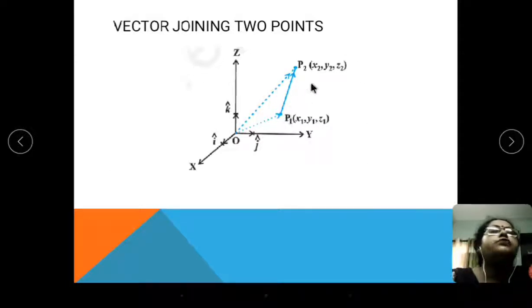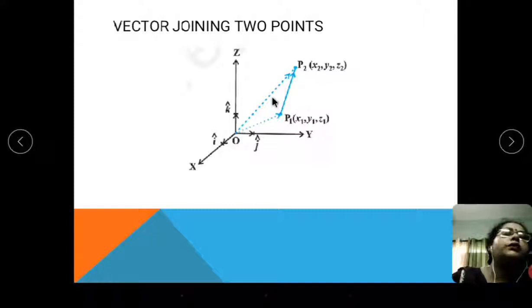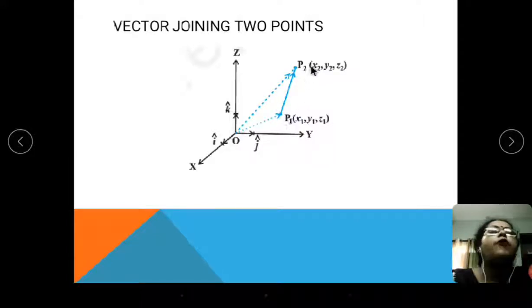What we do here is draw the position vectors of P1 and P2 with respect to the origin. So we have taken these dotted lines OP1, which is the position vector of the point P1, and here OP2.